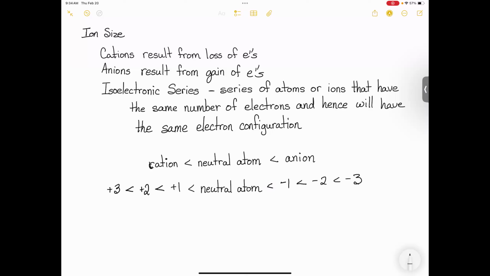Folks, what we just described by using this idea of an atom being a family unit and the electrons being kids that have either come into the household or left the household is the trend in ion size.